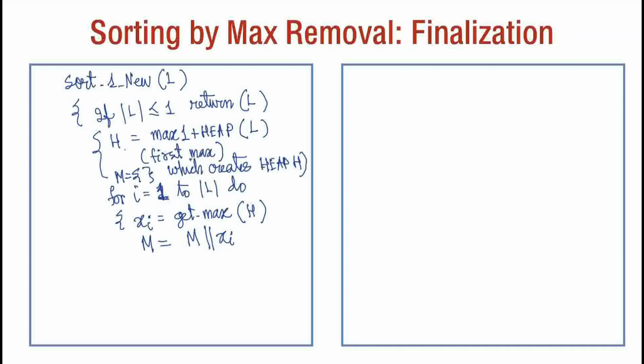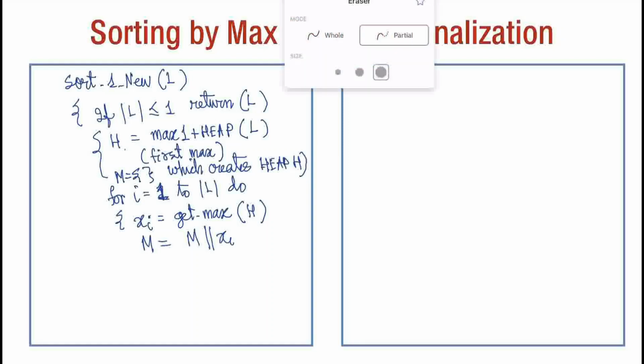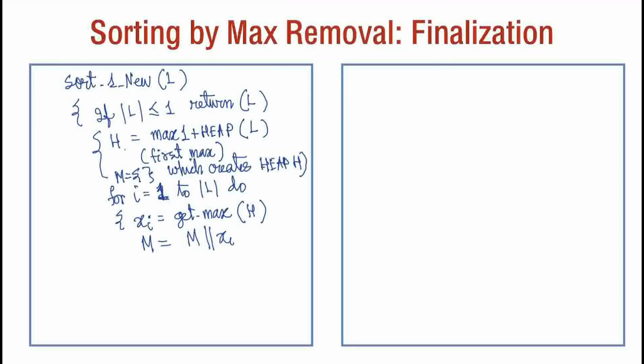And once we get max from H, we also remove. So this get max, instead of calling it get max, since we have to remove this, we call it remove max.